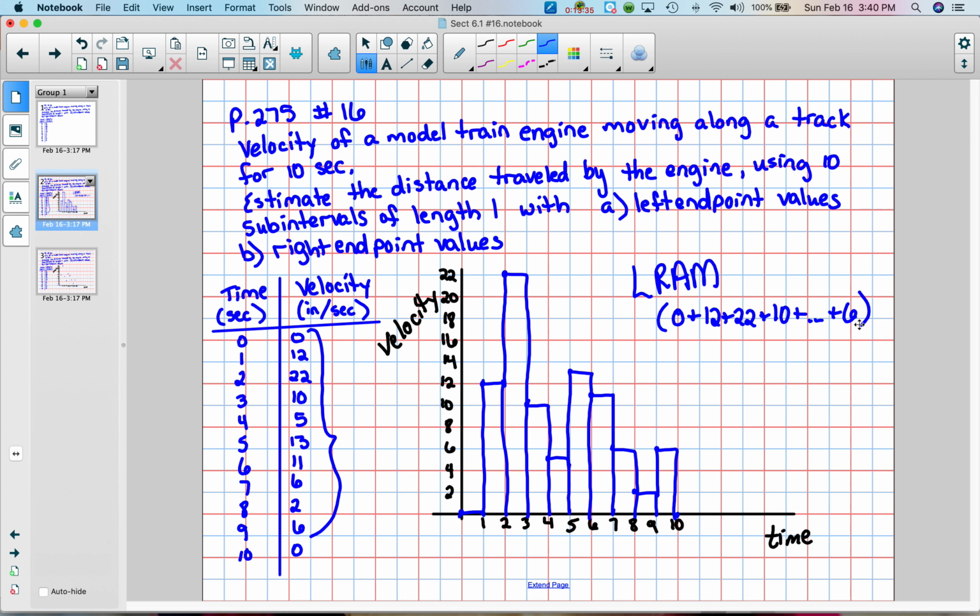And that would be the sum of my heights times the width of the interval, which in this case is 1, but keep in mind it's not always. And that would give me my answer for the approximate distance. So if you do that, you end up with 87 inches, and that would be the approximate distance because that would be the area under the curve using rectangles.